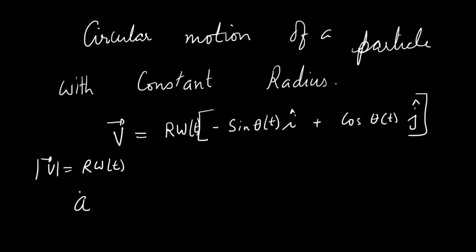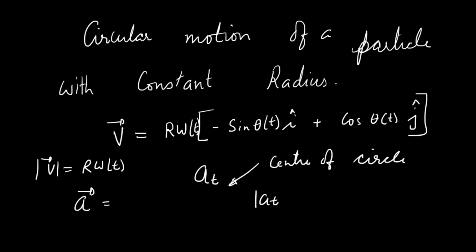What is interesting is acceleration is having two components: a radial component towards the center of the circle, whose magnitude at that instant is r omega squared.